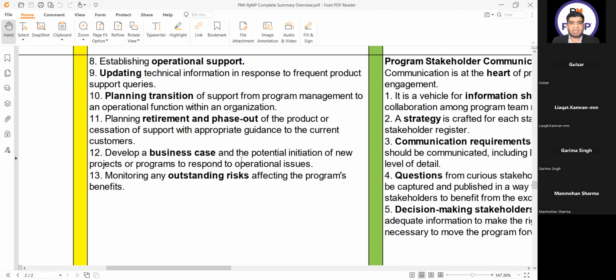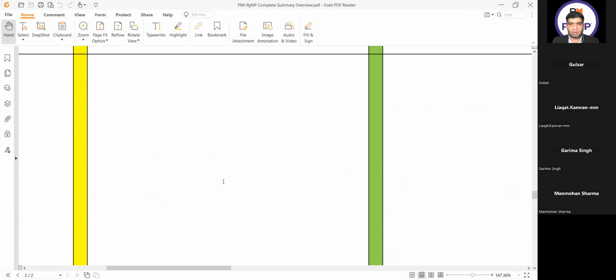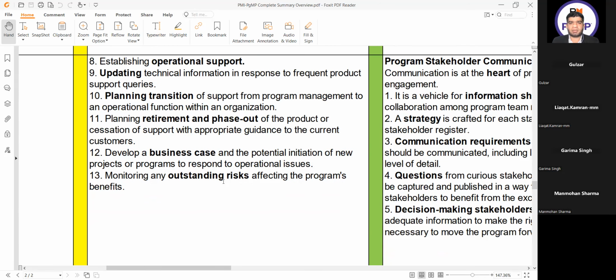Develop a business case and the potential initiation of new projects or programs to respond to operational issues. Monitoring any outstanding risk affecting the program benefit. So this is all from the benefits management domain. Any question?